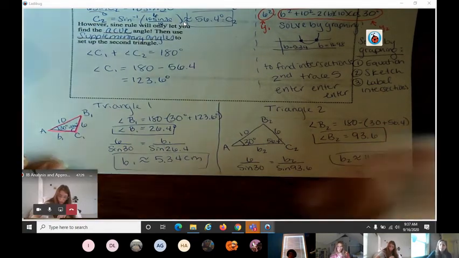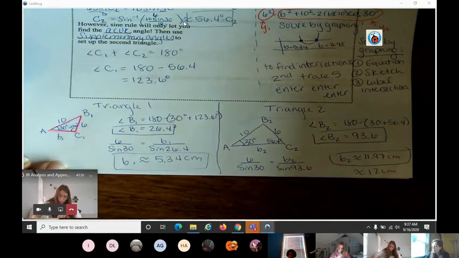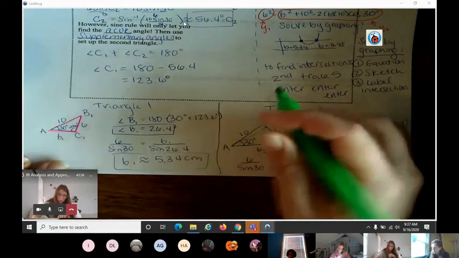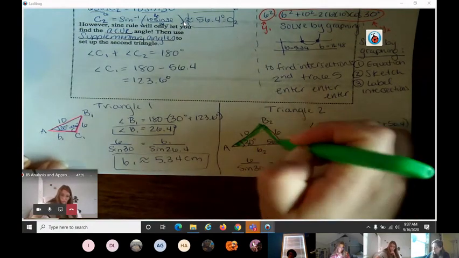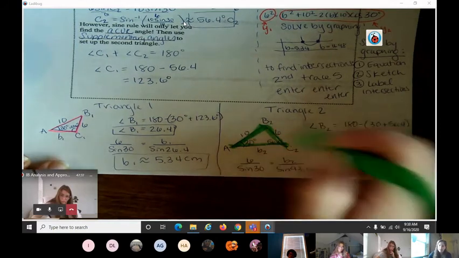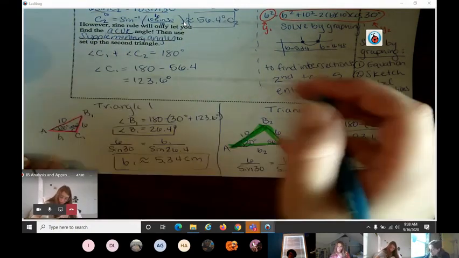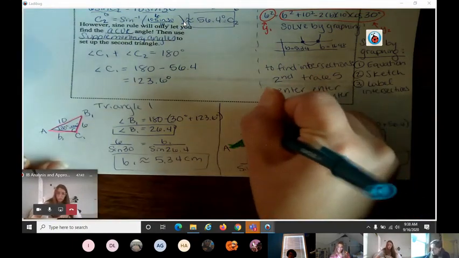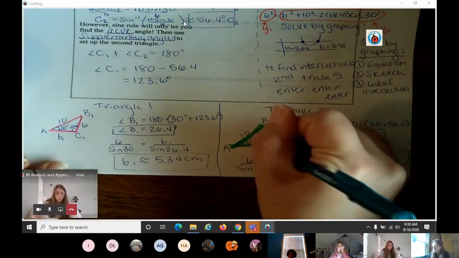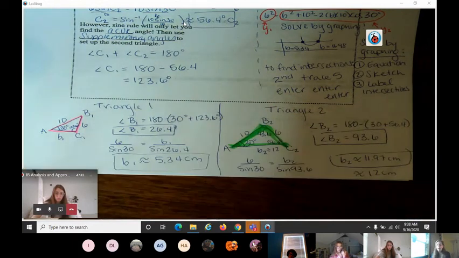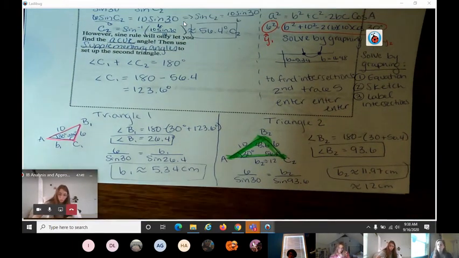Okay, and this was my green triangle. On the top. Okay, and then I could fill in the rest of my labels. So 43.6. This is about 12. Okay, and I have officially solved both of my possible triangle outcomes with my ambiguous case.